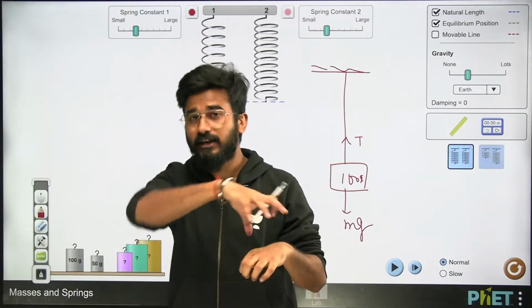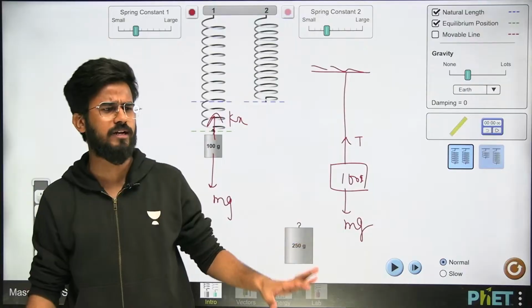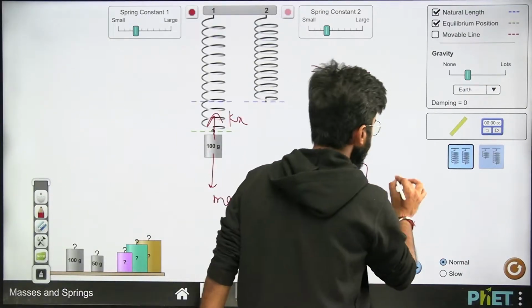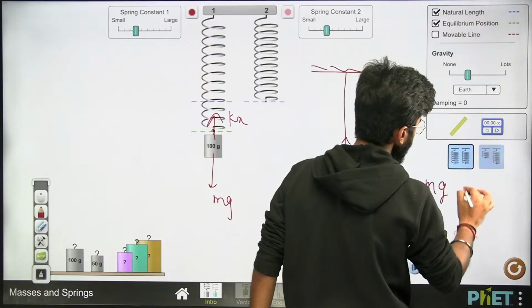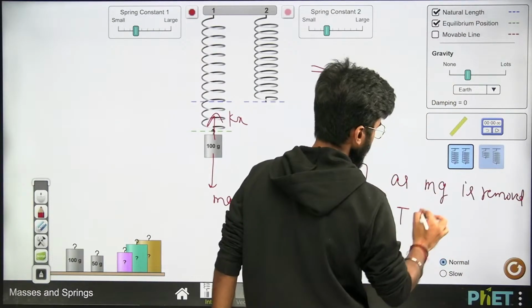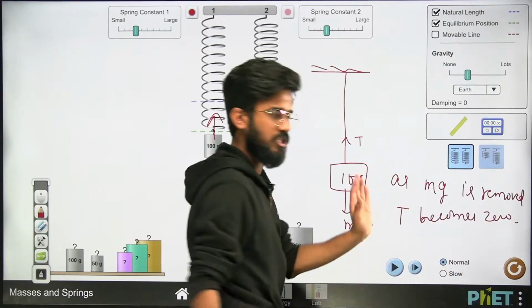As soon as we remove the mass, the tension becomes zero at that particular instant. As mg is removed, tension becomes zero. Just note it down.